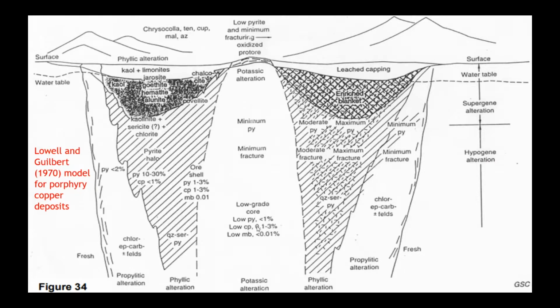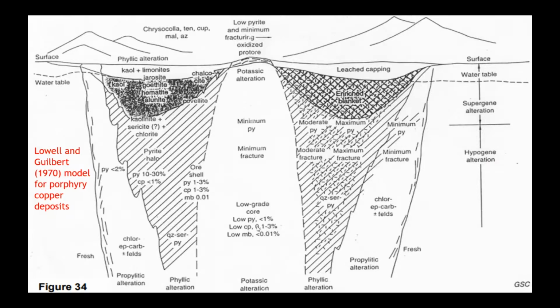Supergene leaching of the hypogene alteration and mineralization occurs after the hydrothermal event. It is distinguished here from weak secondary alteration, which is due to near neutral meteoric water percolation.